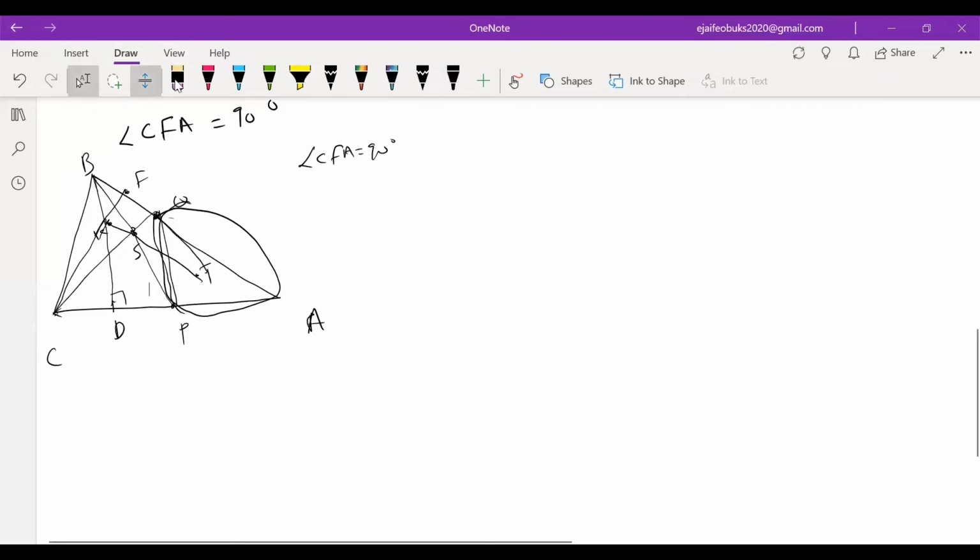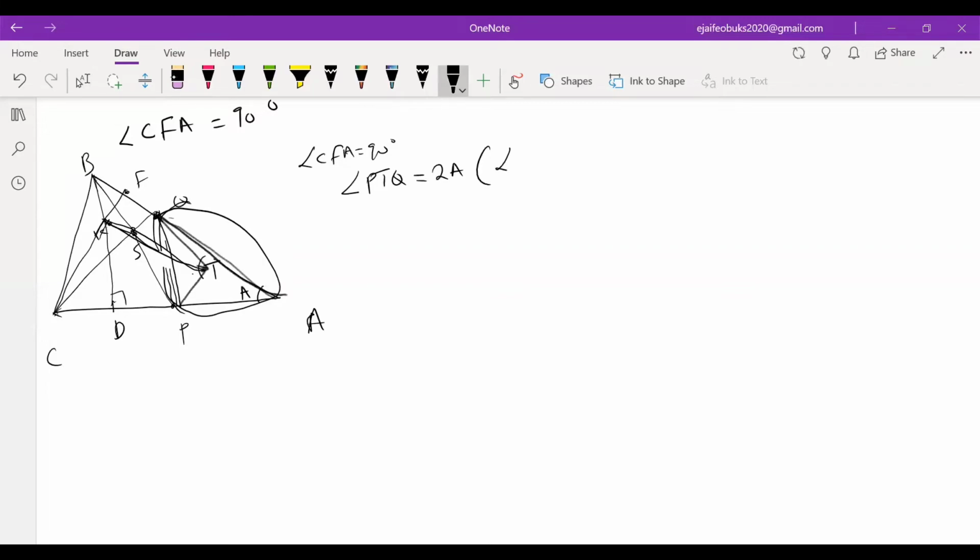let me clean this. This is T. Okay, so this is A. Since T is the circumcenter, we know that angle PTQ has to be equal to 2A.